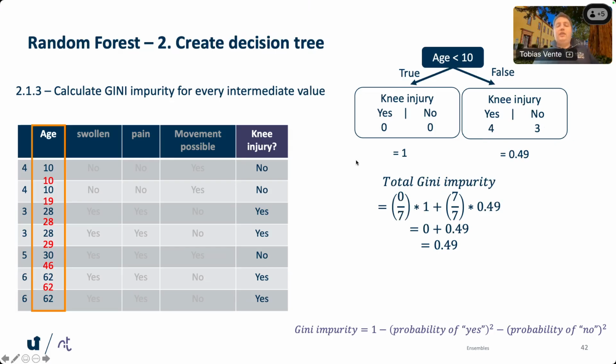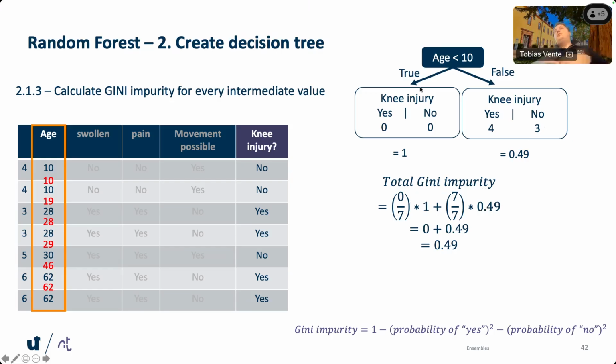So in this case, here are 0 out of 7 data points. So 0 out of 7 times the impurity of 1, plus 7 out of 7 times the 0.49, and you end up with 0.49 as your final total score for the threshold of age smaller than 10.